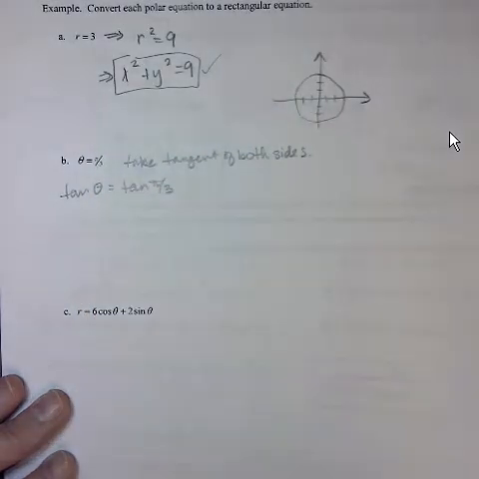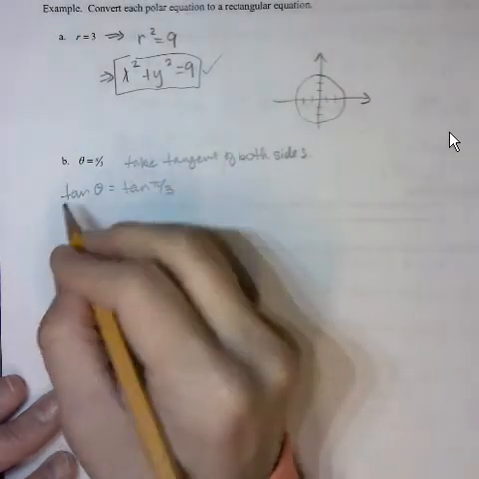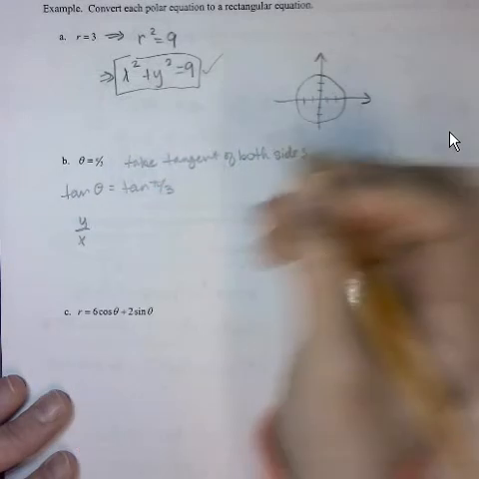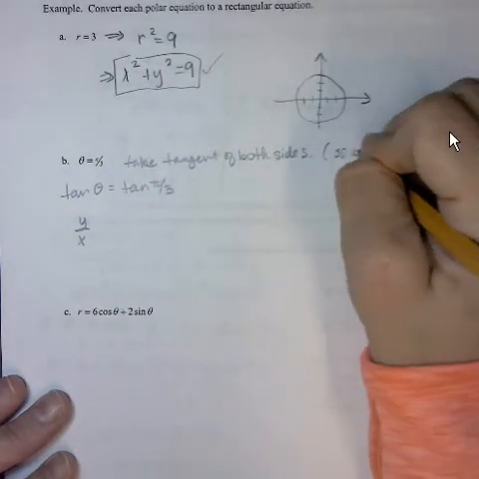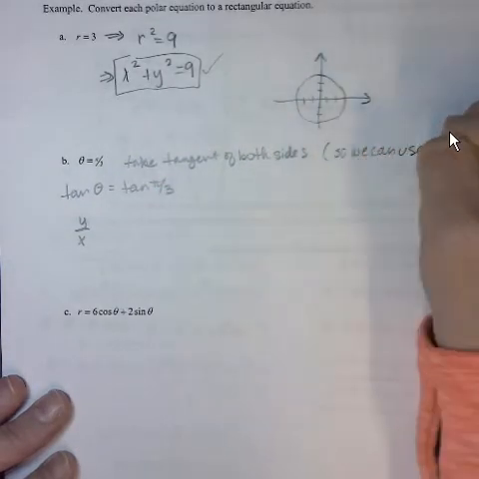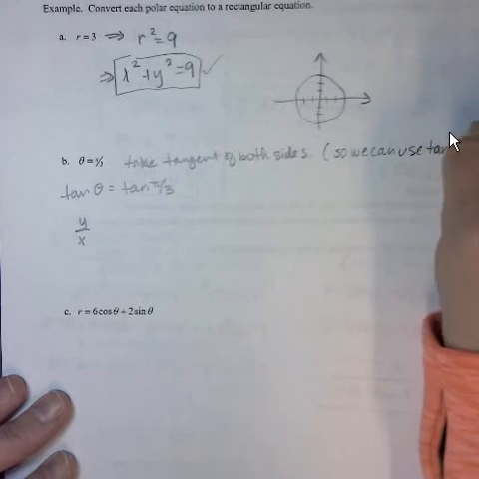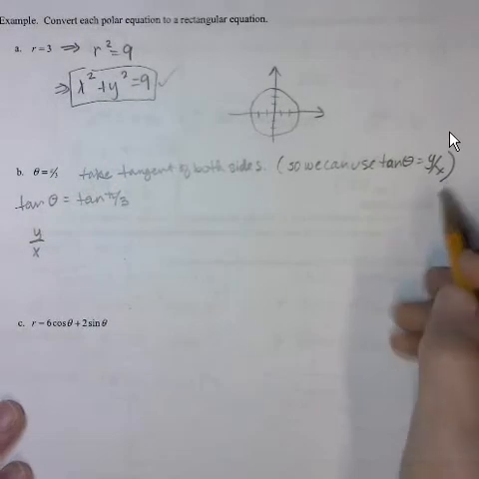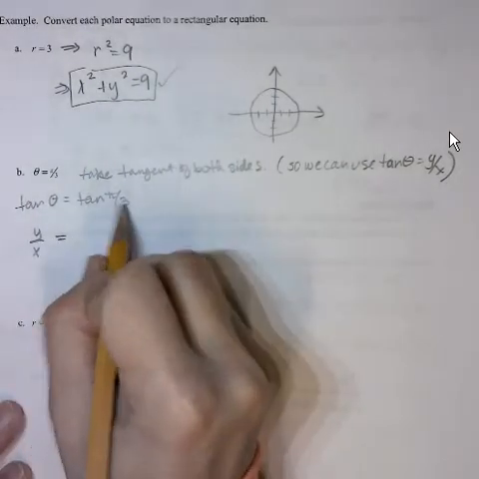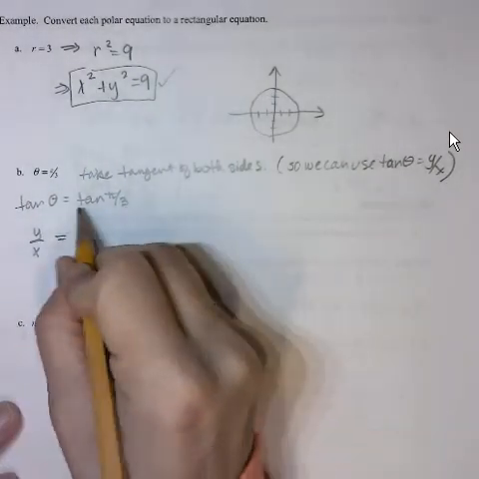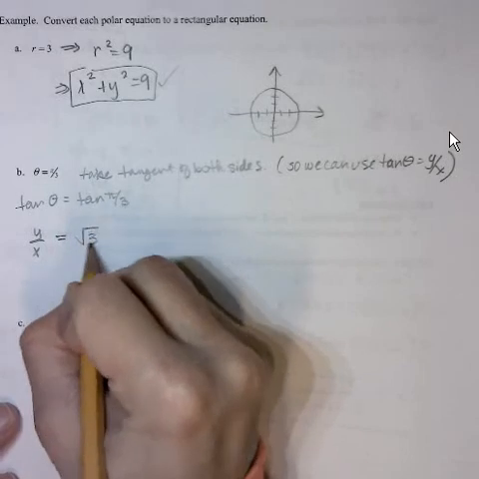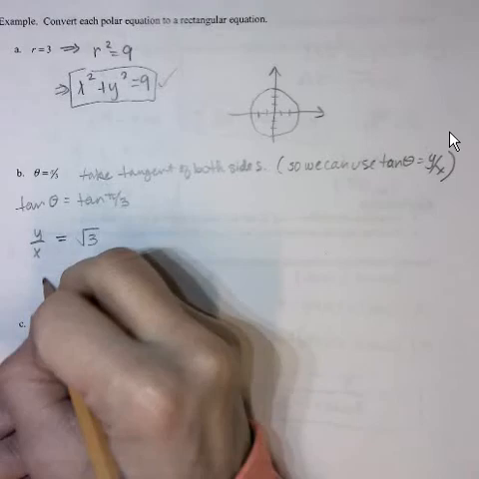And the tangent of theta is y over x then. So we can use tangent of theta equals y over x. So y over x equals the tangent of pi over 3. And of course that you should evaluate. It's the square root of 3.